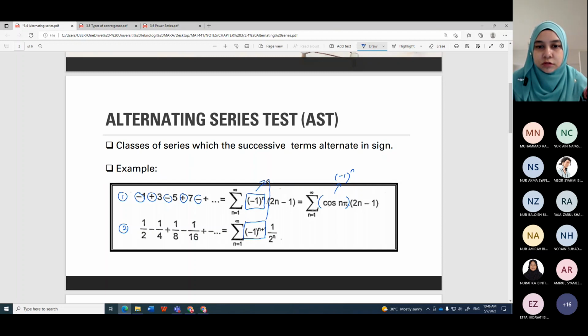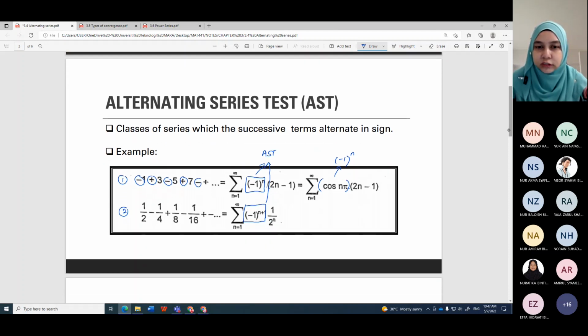We can use the alternating series test, or AST, if the function involves -1 to the power of n or -1 to the power of n plus 1. So automatically we use AST if we see a function like this.